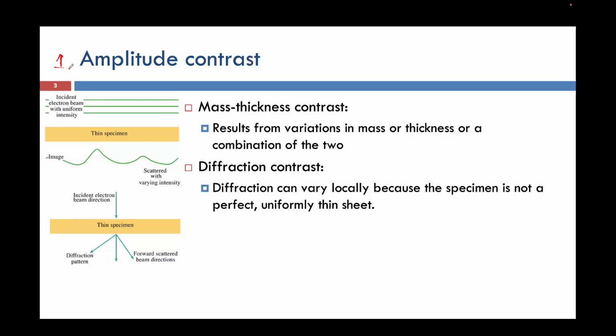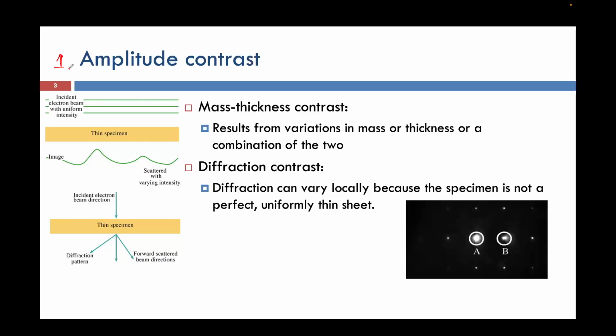How does the mass thickness play a role in the intensity of the beams or the electrons that are captured by the detector? Let's see. We will see how, due to the variation in mass or thickness, this contrast is called mass thickness contrast.